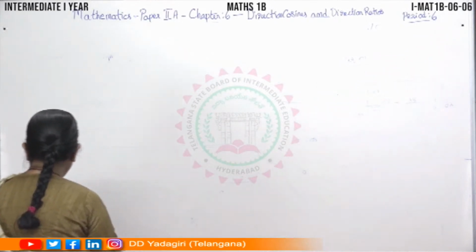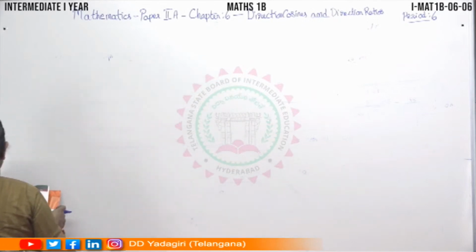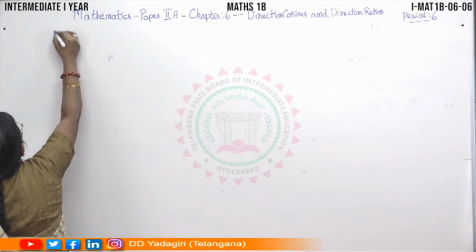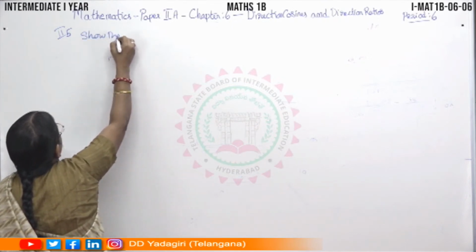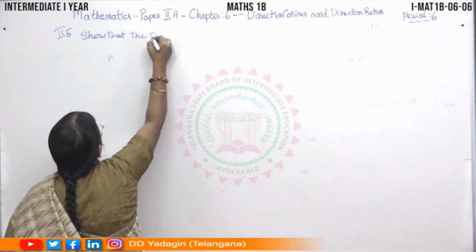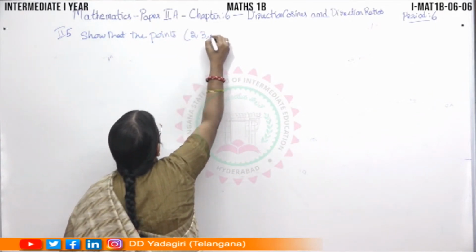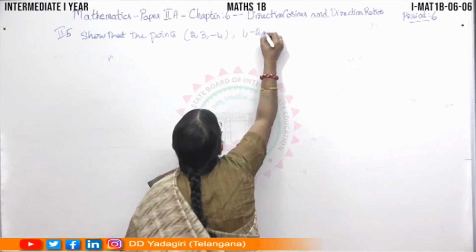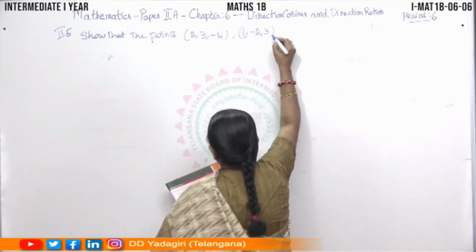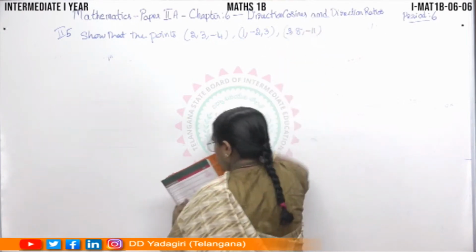Now the next problem is, show that the 3 points, it is again second section, 5th problem. Show that the points 2, 3, minus 4, 1, minus 2, 3, and then 3, 8, minus 11 are collinear.